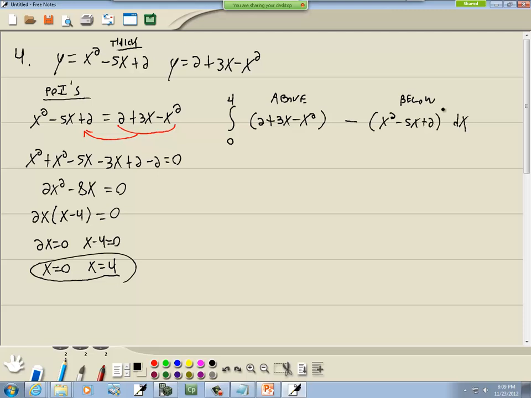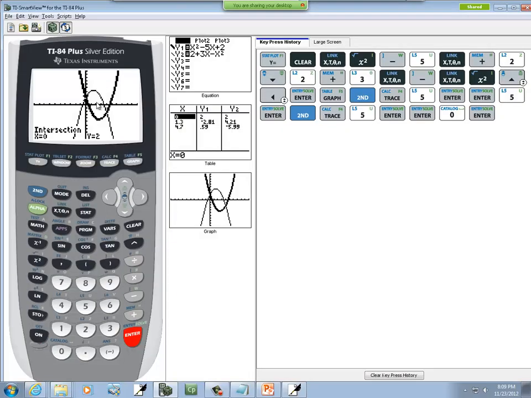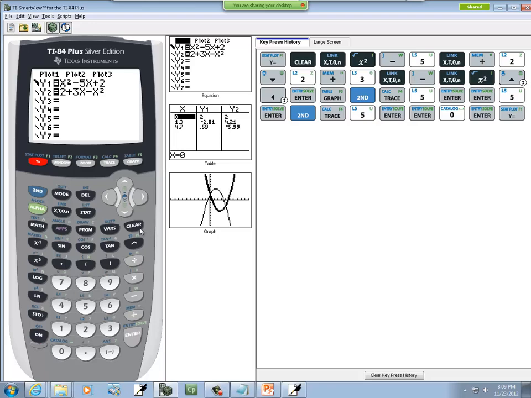Now to reset that thick slash you see there, if you press y equals, on a lot of calculators, not all of them, if you press clear, it'll clear out that thick slash. On mine it doesn't. I got the newer software for the TI-84 on this. If I press my left arrow key, put my flashing cursor on the slash, and you press enter, it becomes the upper right hand triangle.